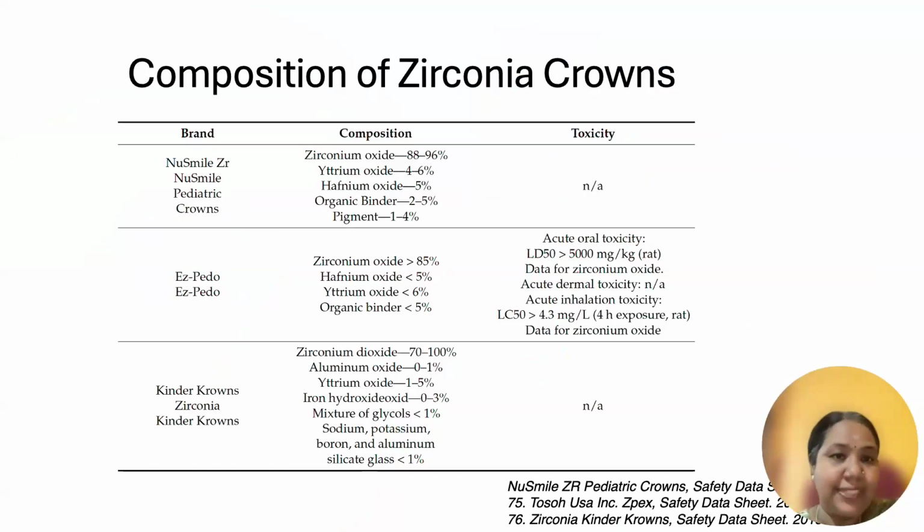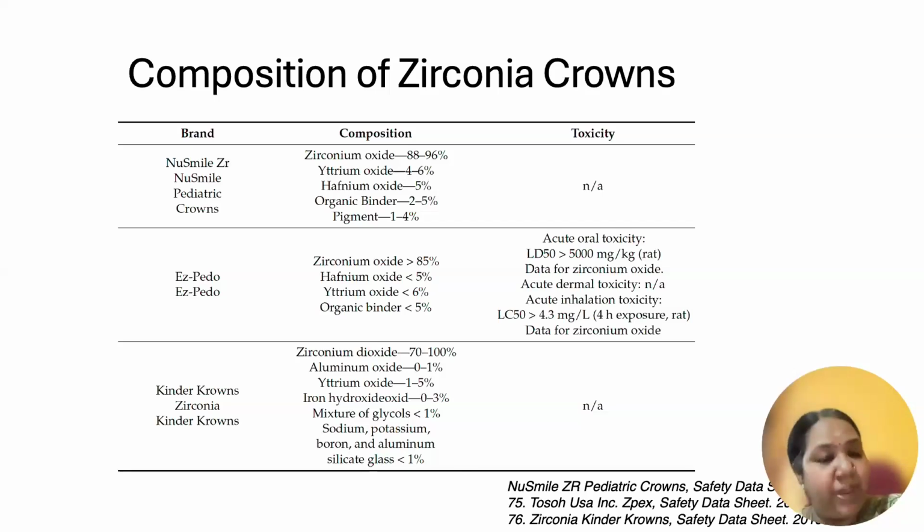This slide has the composition of zirconia crowns which are used in pediatric dentistry. I think it is important that you should be aware of this, especially in case it is going to be a recent advance, as I say, or otherwise. Basically, from 70 to 96% or even 100% is zirconium oxide. Then we already looked at yttrium oxide, which is present. Sometimes it is alumina.